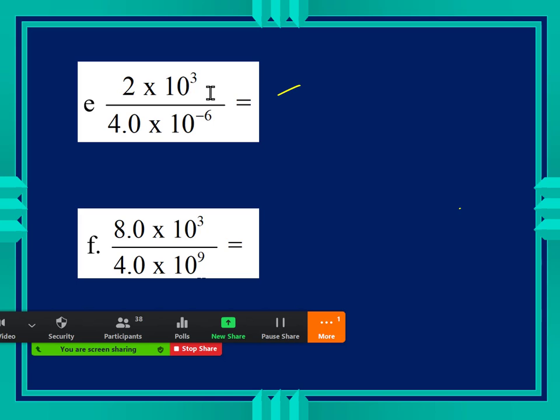And with that screen full of numbers, I got to put the decimal point after the 5, and I have to move it over, times 10 to the 8th.